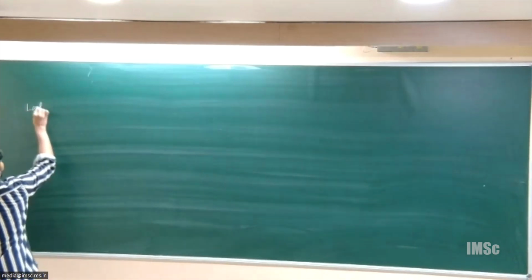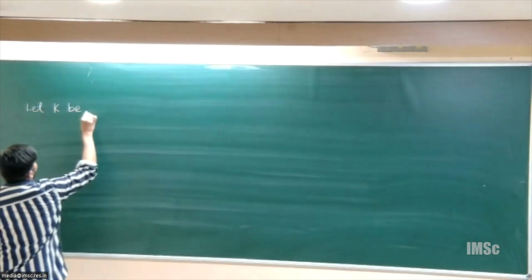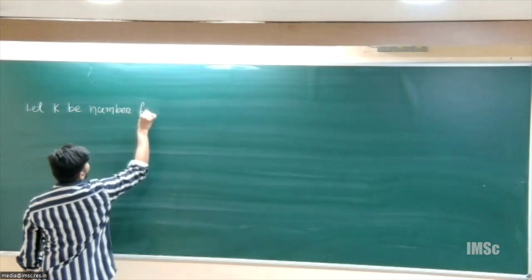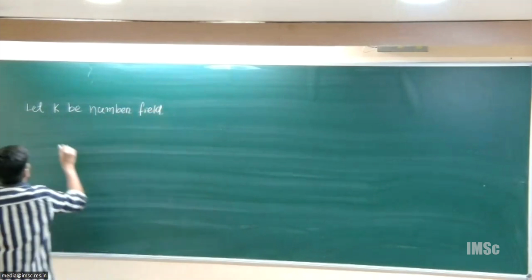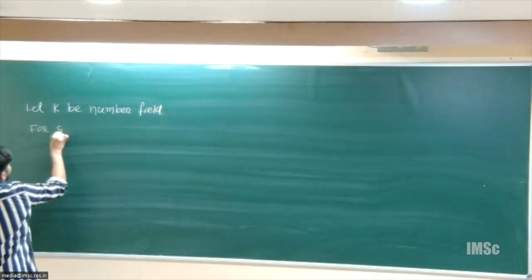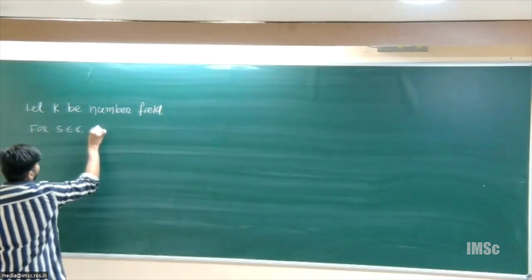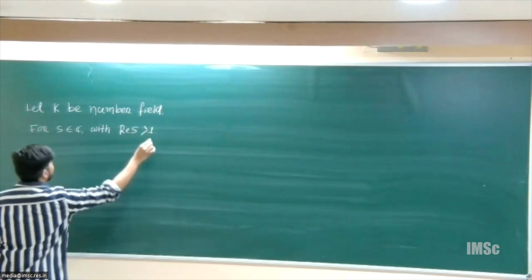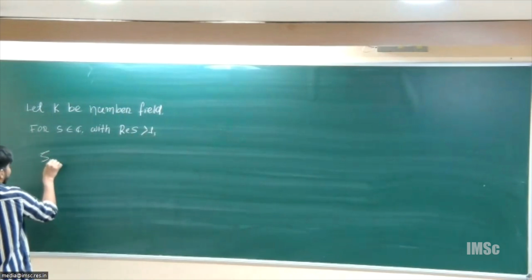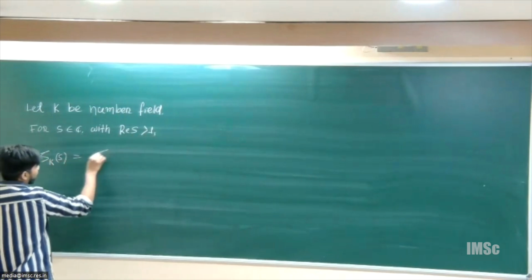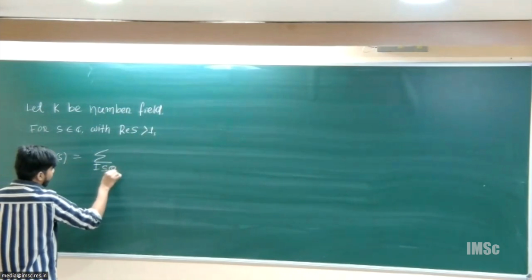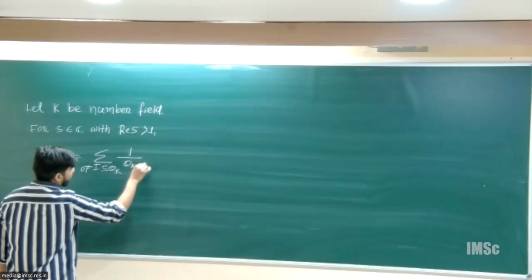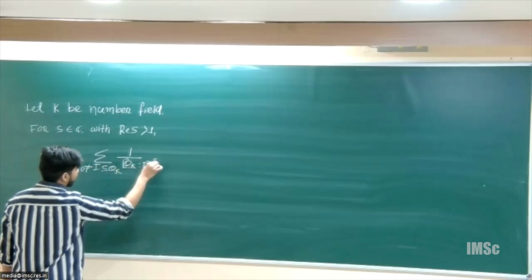So let K be a number field. For a complex number s with real part of s greater than 1, the Dedekind zeta function zeta_K of s is defined as the summation over non-zero ideals I of O_K of 1 over the index of I in O_K to the power s.